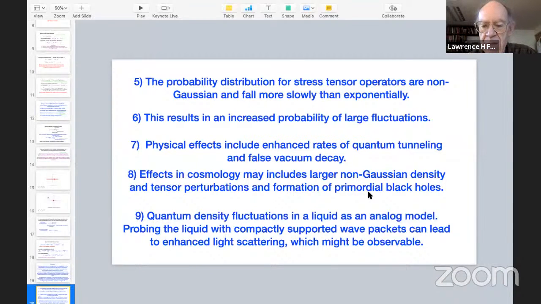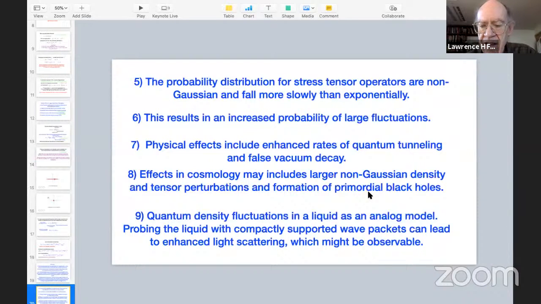Now, it's true that this analog model for a fluid, though, has been used extensively in another context as a model for black hole evaporation. This was first pointed out by Unruh many years ago, that you could create an analog black hole in a fluid, or if you have a fluid flowing in such a way that there's a sonic horizon, it behaves very much like a black hole does.